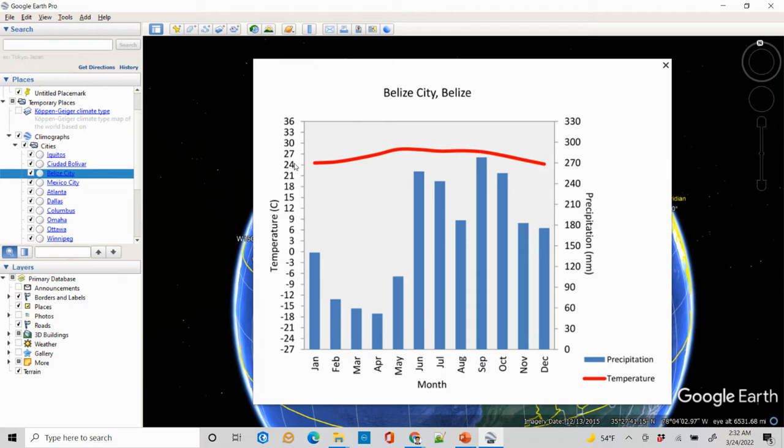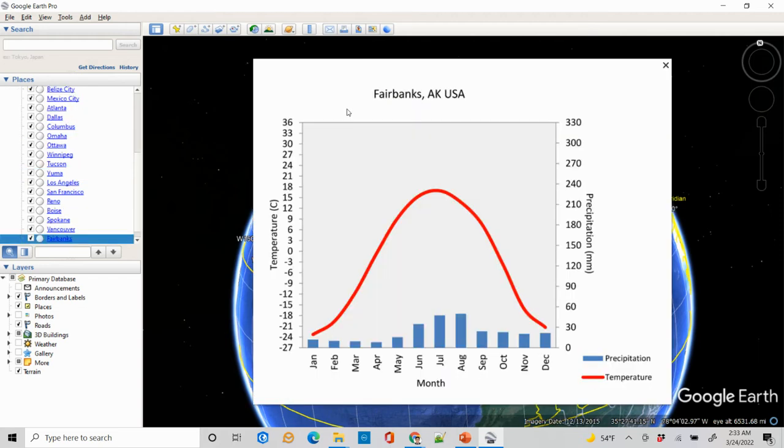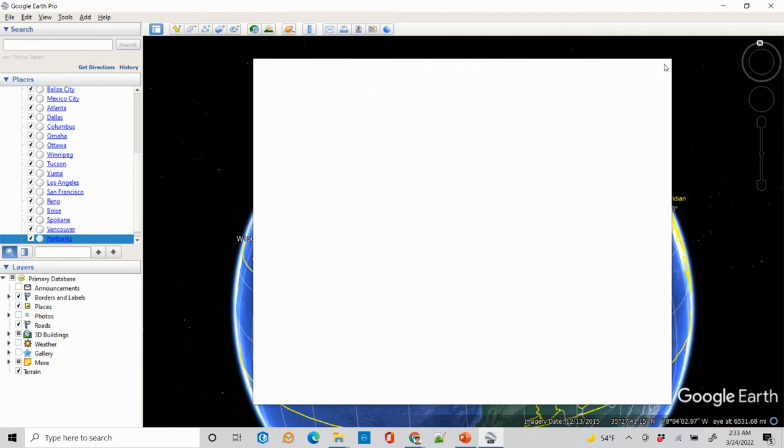It started at 24 in January. At its peak it went up to 27, really low differential in terms of temperature. But if you look at the temperature in Fairbanks, in January it is minus 24, then during July it is almost 18. So a huge difference in terms of temperature.